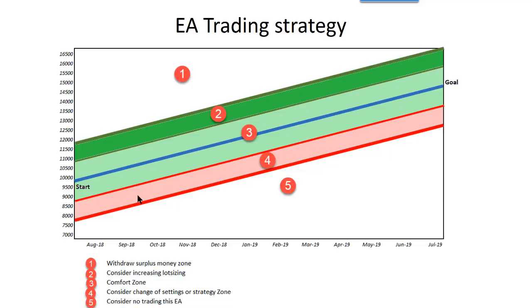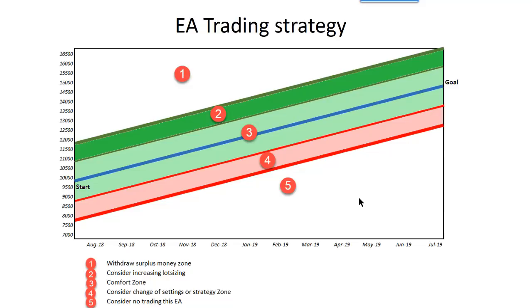And if you do, then all you need to do is see if you can improve the performance by changing the settings of this EA or the actual strategy that the EA is using. This is quite a dangerous one, because when it goes out of that area, then certainly your next decision is don't trade this EA anymore.